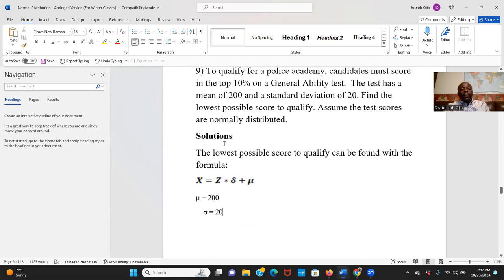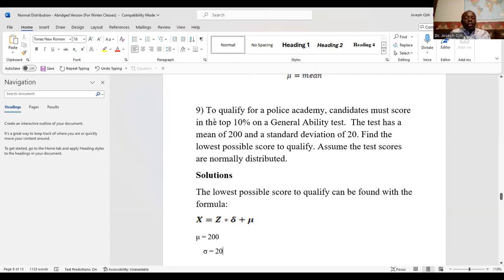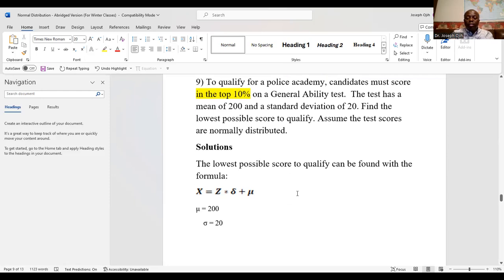It wants us to find x, the lowest possible score to qualify. But remember that to qualify, the candidate must score in the top 10%. That means their score will be bigger than 90% of the people who took the test.